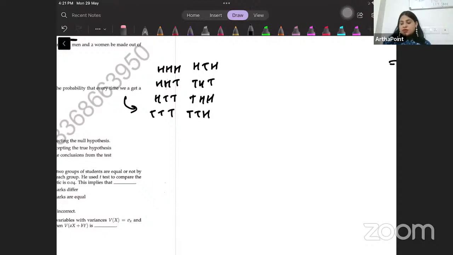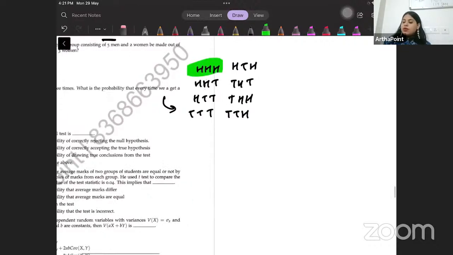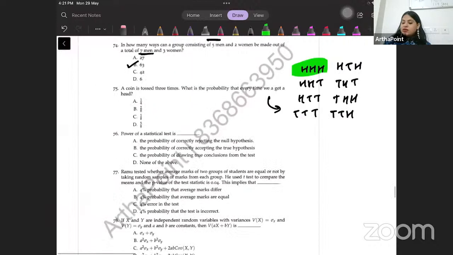This is your sample space. So if you want all heads, there is only one time that you will see all heads out of 8. So probability will be 1 by 8.